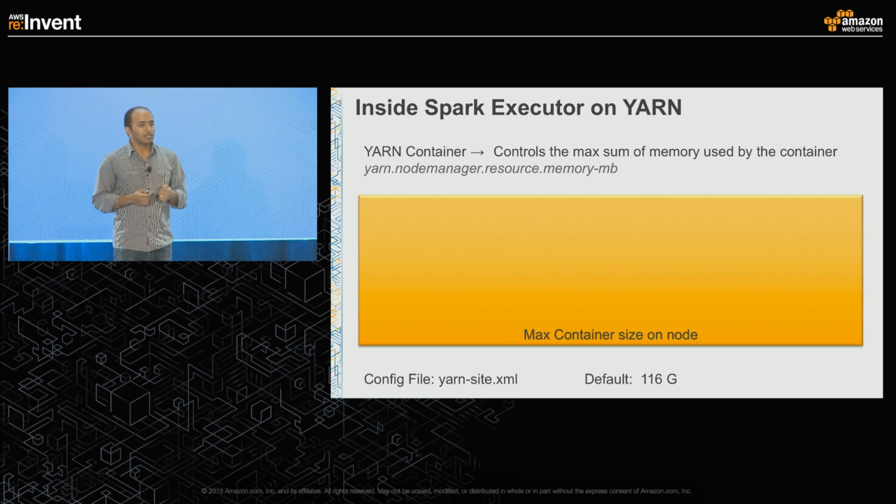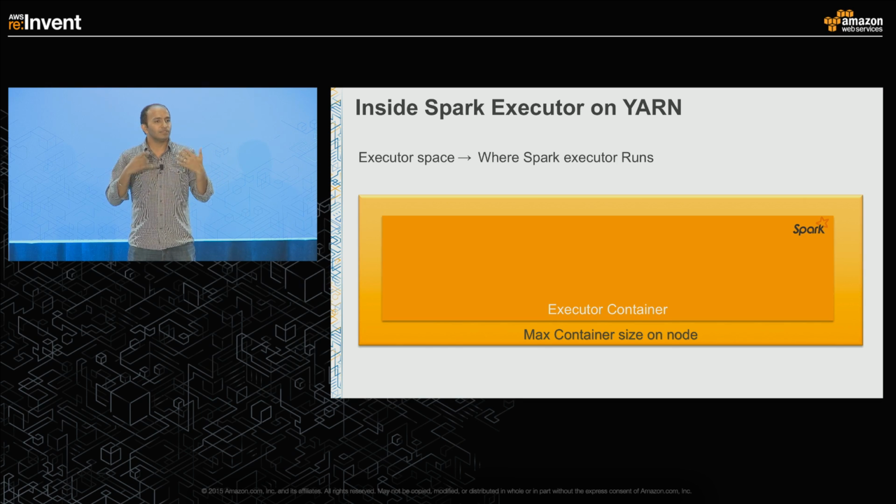The size of the container is decided by the configuration yarn.nodemanager.resource.memory-mb, and you can set that in the file yarn-site.xml. For our example, we are using R3.4XL, which has a default of 116 GB. That's the maximum size of the container on the machine. In this container is where your Spark job will be executing. That's the container space, I would say.